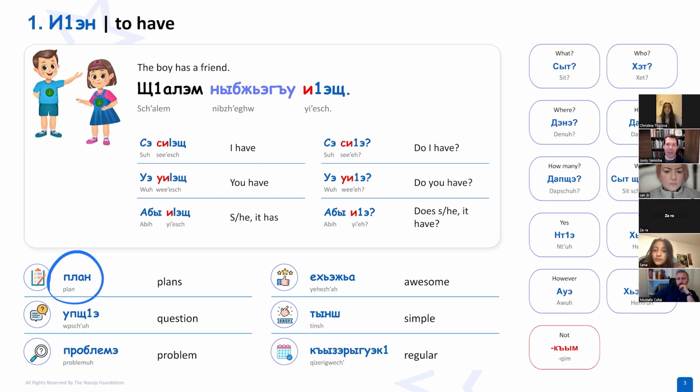In today's class, we're just going to be going through these basic vocabulary words. Plan, an international word, pretty easy to understand. Whoopsa, which is a question. And problema, another international word. So hopefully this is going to be good practice and not a whole lot of difficulty. We have two volunteers from today's class, San and Christina.